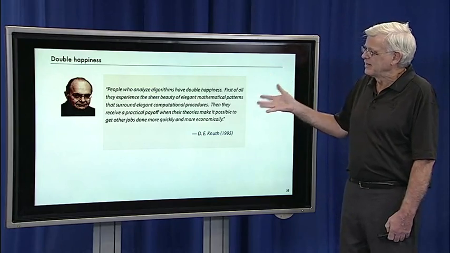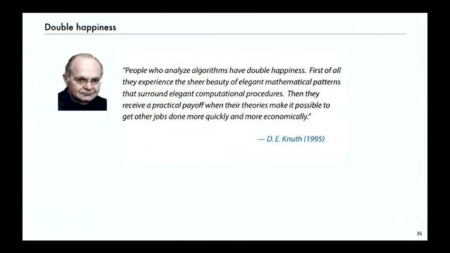That's Quicksort. And Knuth succinctly expressed the idea that I want to leave you with for this example. People who analyze algorithms have double happiness. First, they experience the sheer beauty of elegant mathematical patterns that surround elegant computational procedures.